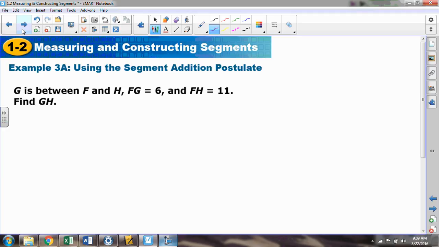Okay, so what's that saying? Can you create a picture for it? You have an idea of what it looks like? What does this piece mean? G is between F and H. Okay, so I have F, I have H, and G is between them. I'll put G here.